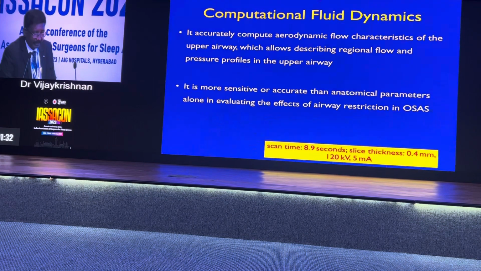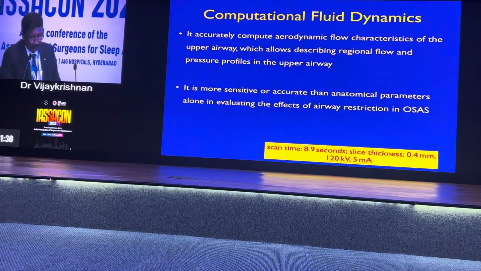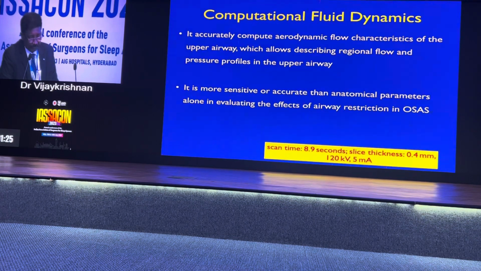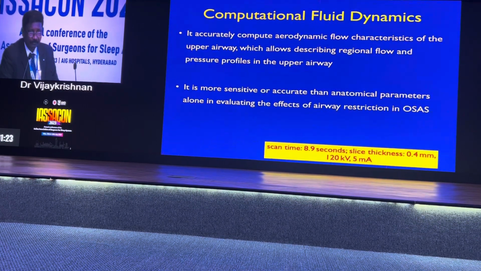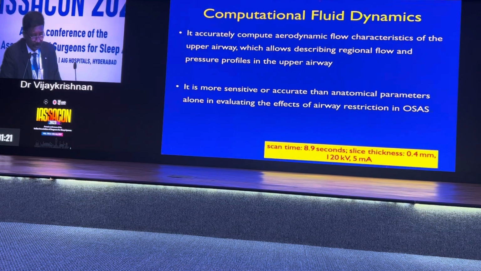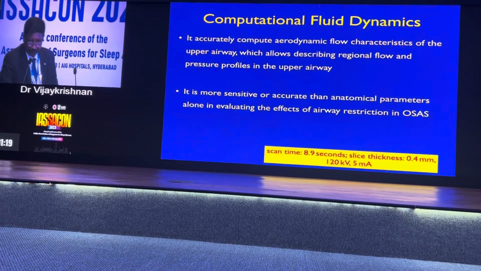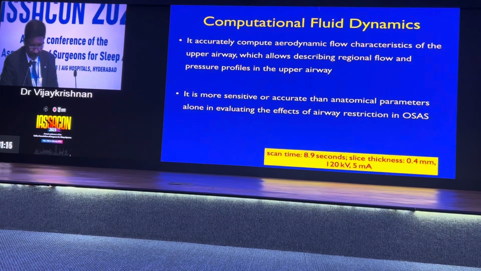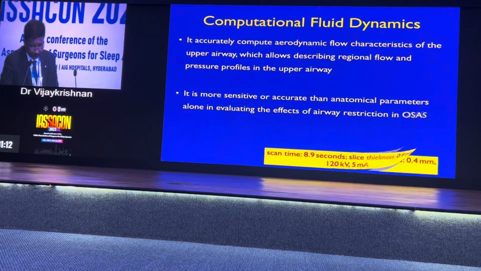Another important area is computational fluid dynamics, the aerodynamic flow characteristics of the upper airway, which describes the regional flow and pressure profile in the upper airway. It is more sensitive and accurate than anatomical parameters alone in evaluating the effect of airway restrictions happening in OSA patients.